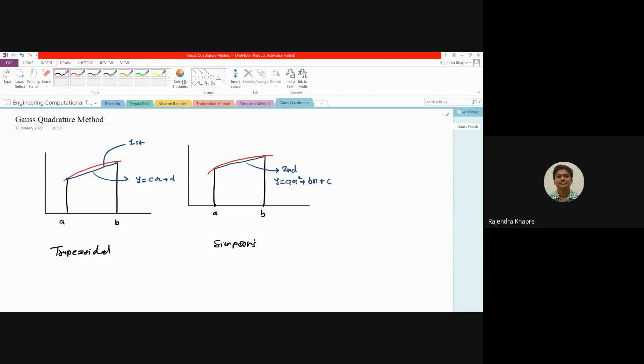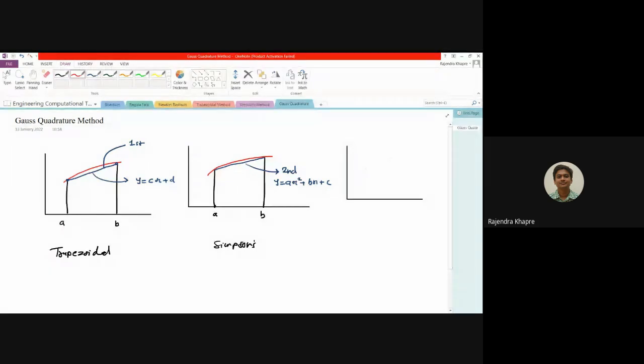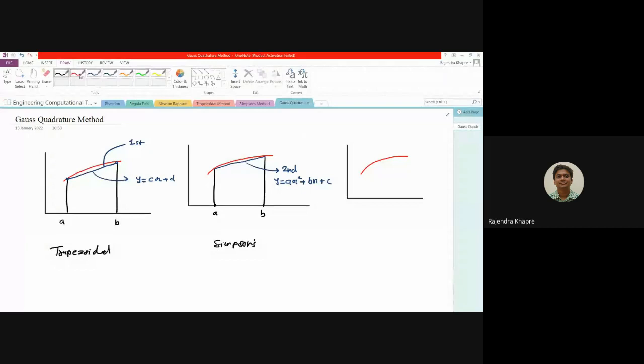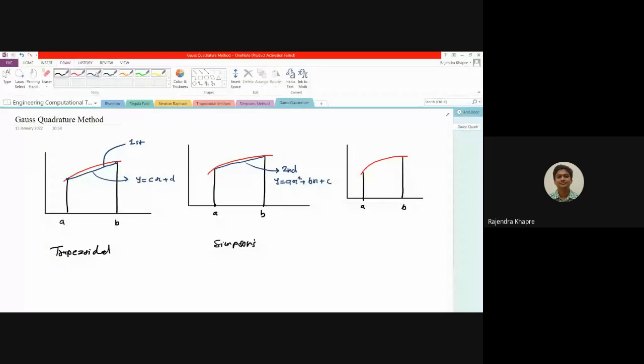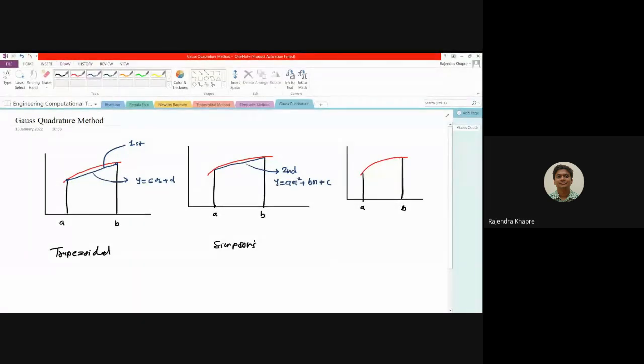But when it comes to the Gauss quadrature method, it is joined using a third degree curve. If I draw the same figure over here, it is like this. So this is a and this is b. Basically these two points are joined using a third degree curve.